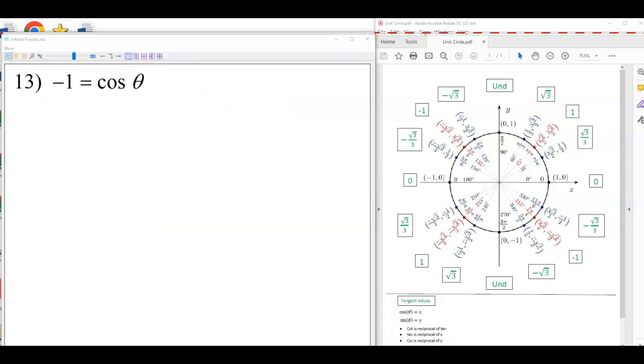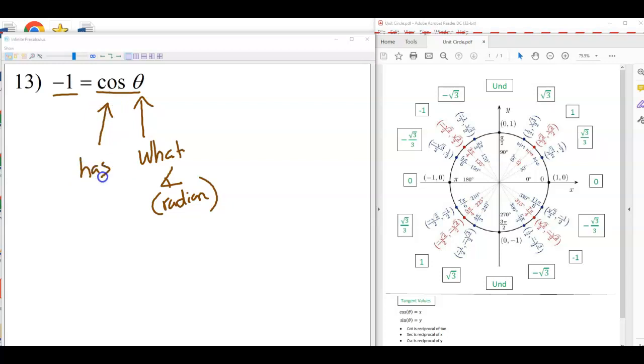So in this case, cosine of theta equals -1. So what angle, or you could just say radian if that helps you understand what I'm looking for, what radian has an x value of -1?